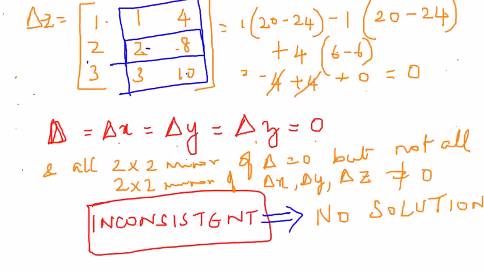Some of them are 0, but there are also some 2 cross 2 minors which are not 0. Therefore, we say that the system is inconsistent and has no solution.